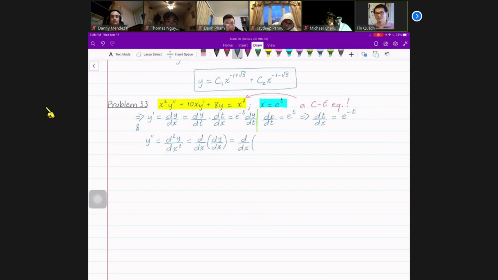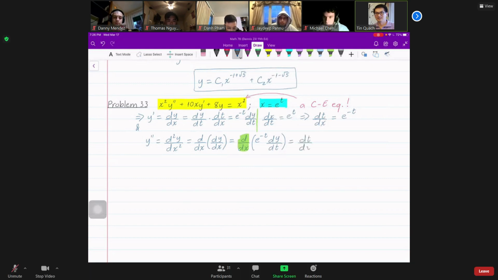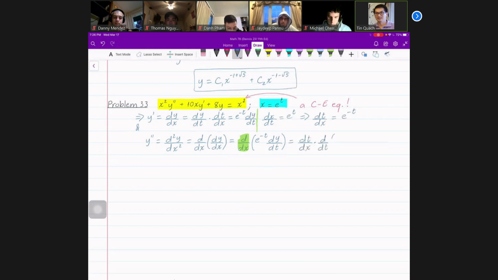And the first derivative is e to the negative t dy dt. But everything here is in terms of y and t, and you still have the dx right here. So we need to use the chain rule to rewrite this. Okay, so this one right here is what? So that can be written as dt dx times d over dt.